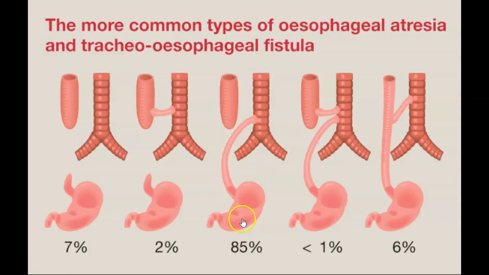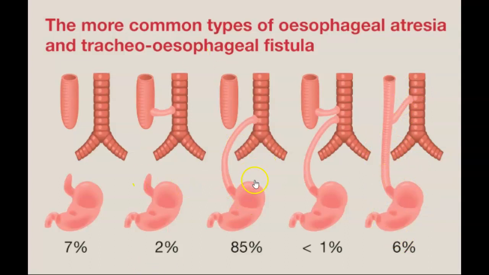Once it gets into the stomach, it has a hard time getting out. There's no way for me to decompress the stomach, so the stomach is going to become distended with air, and that can compromise ventilation. Same thing with this one. You have the aspiration risk and the inflation of the stomach risk, as well as this one, where the stomach can become distended with excess amounts of air.